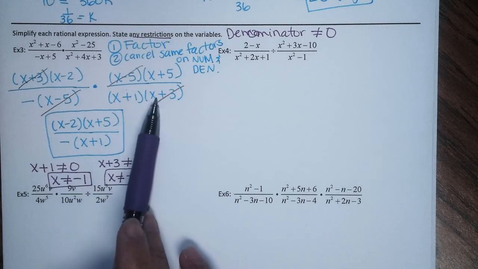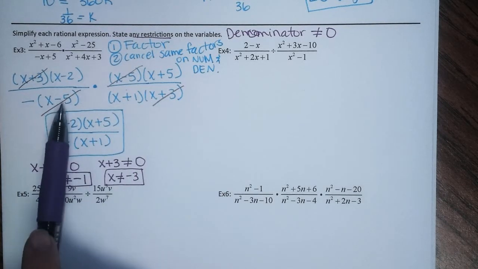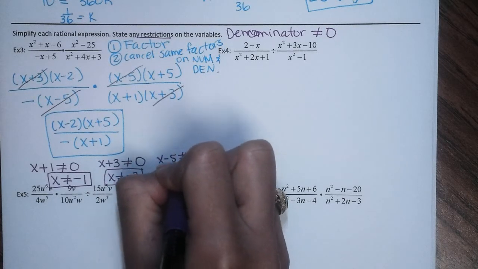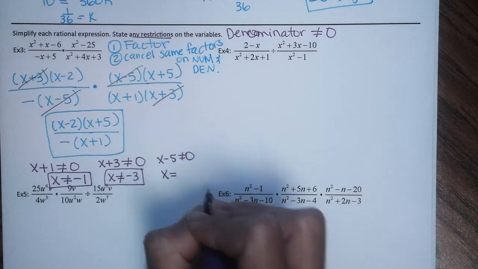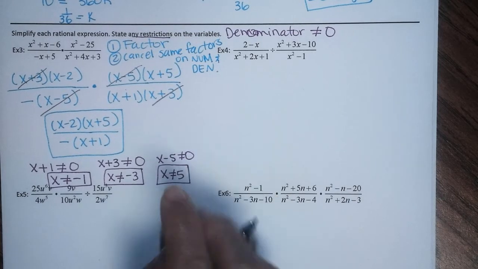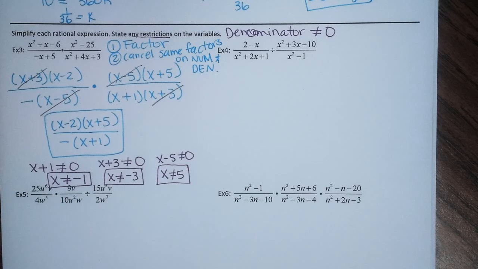The other factor on my denominator was x minus 5. So that can't equal 0, and therefore x cannot equal 5. So these would be the restrictions for your answer for example 3. Make sure you know how to get the answer and make sure you know how to get the restrictions. I'll pause for questions before we try example 4.